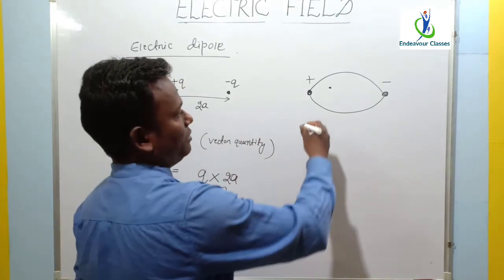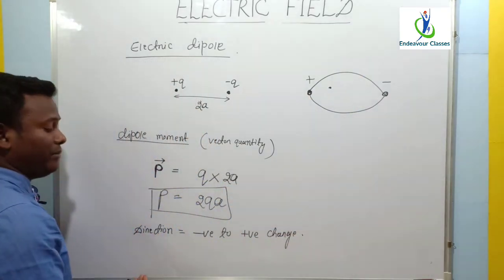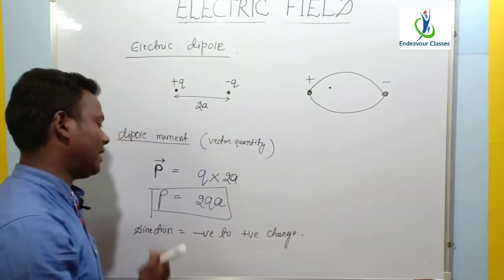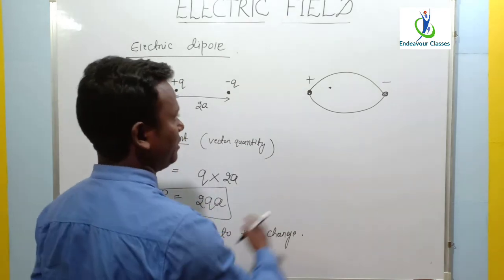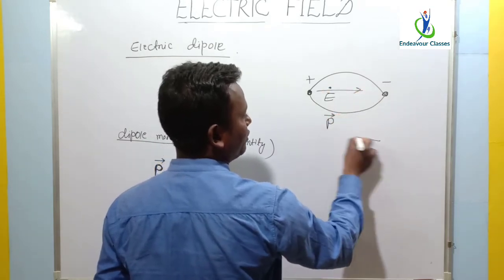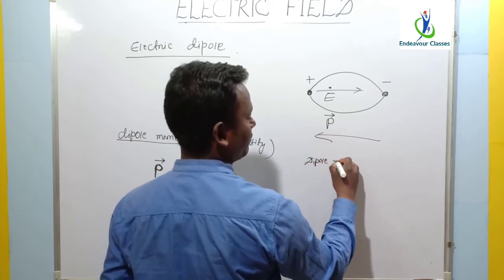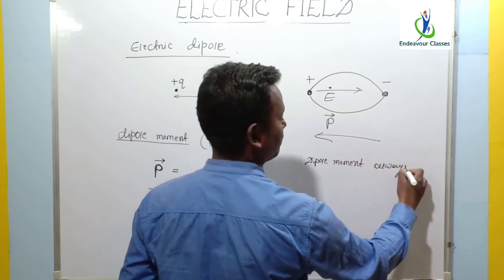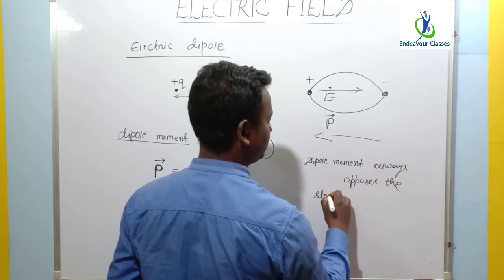So the direction of the electric field is from positive to negative, but the direction of the dipole moment is from negative to positive charge. That is why we always say that the dipole moment always opposes the strength of the electric field, because the electric field is from positive to negative, whereas the dipole moment is from negative to positive.